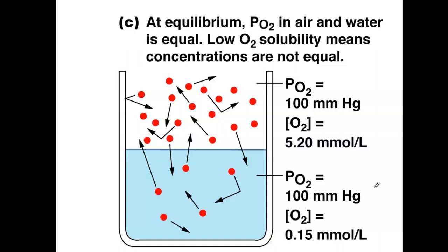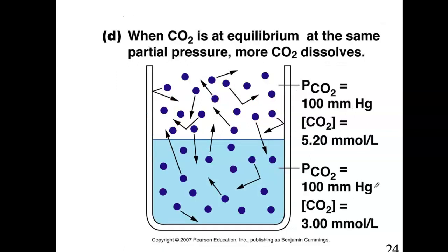We want to compare that to how it would look if you did the same with carbon dioxide and started out with 100 millimeters of mercury pressure in a container. And this is what it would look like. You end up with 100 millimeters of mercury of the pressure of the CO2 here, and still, even though it's much more soluble than oxygen, the number of molecules is still not equal.